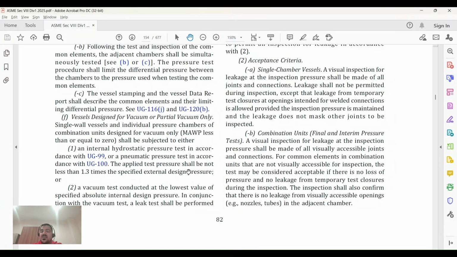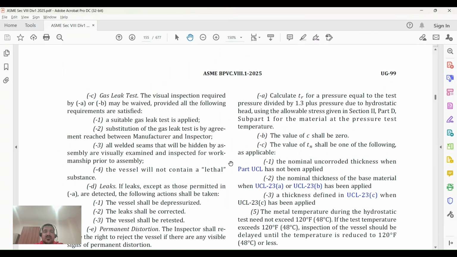For common elements in the combination that are not visibly accessible for inspection, the test may be considered acceptable if there is no loss of pressure and no leakage from temporary test closures during the inspection. The inspection shall also confirm that there is no leakage from visibly accessible openings in the adjacent chamber.